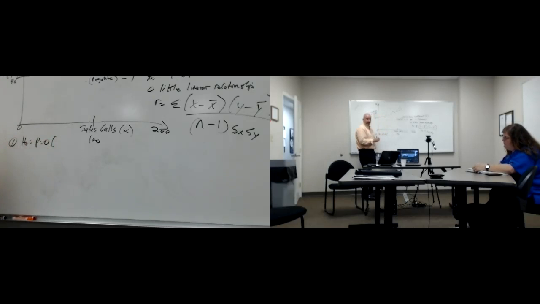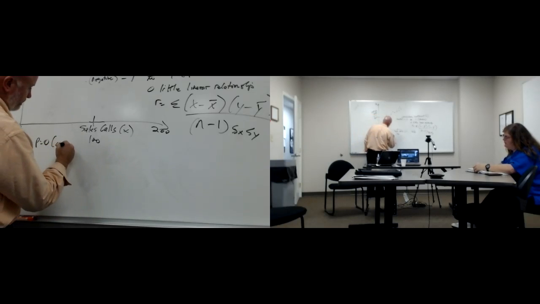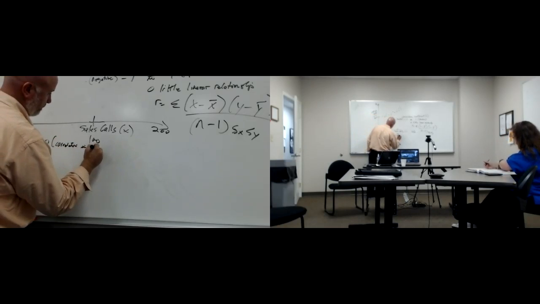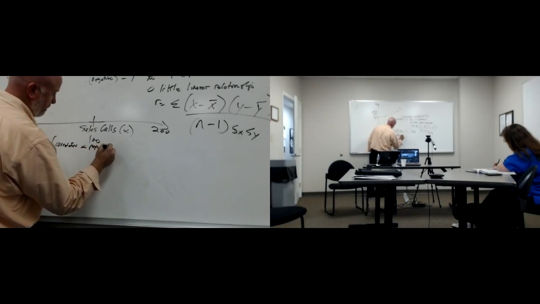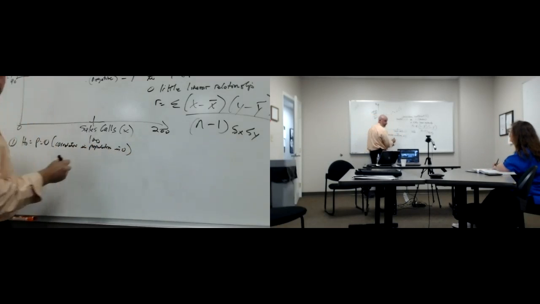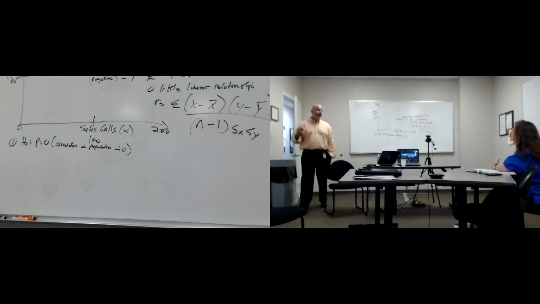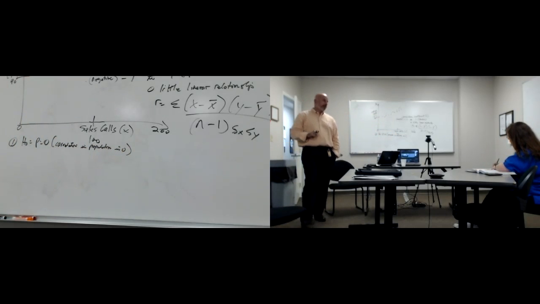What observations can you make about the relationship between the number of sales calls and the number of copiers sold? Okay, so the null hypothesis, we're asked to test if there's any correlation between these populations.